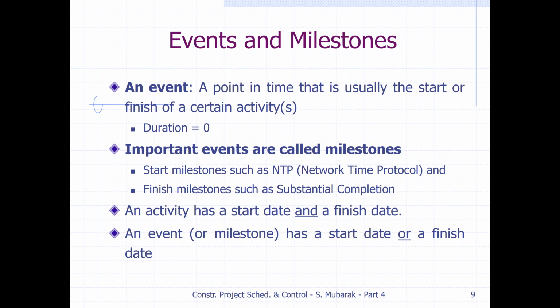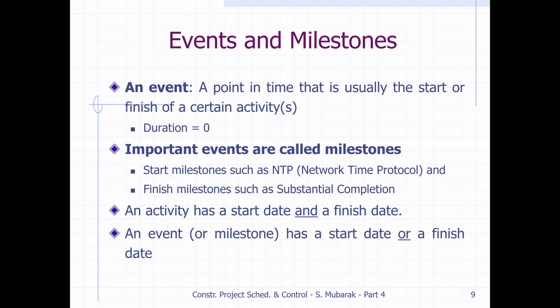An event or milestone has a start date or a finish date, and its duration is usually 0. They could have just the start point or the end point of that event, like we will complete this much work, or the first floor, up to this point, after 1 month or 2 months, whatever we decide. It makes it easier to try to achieve those events, for example that up to this point we can finish the design for the foundation.